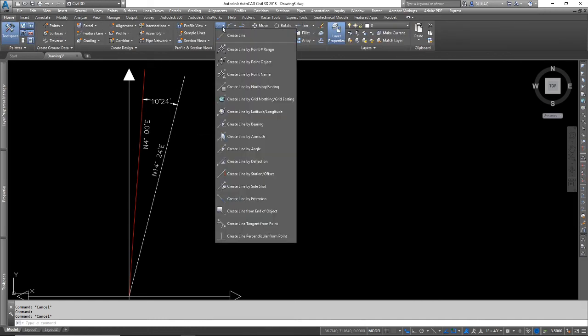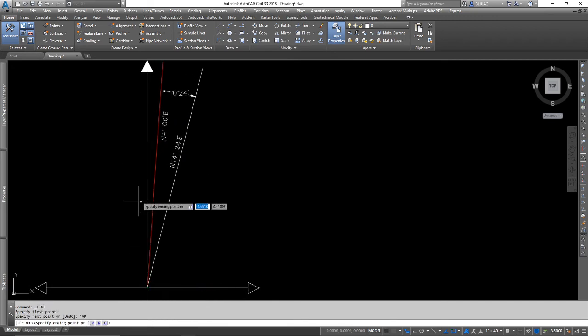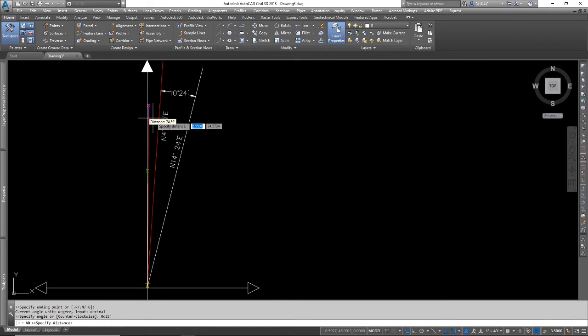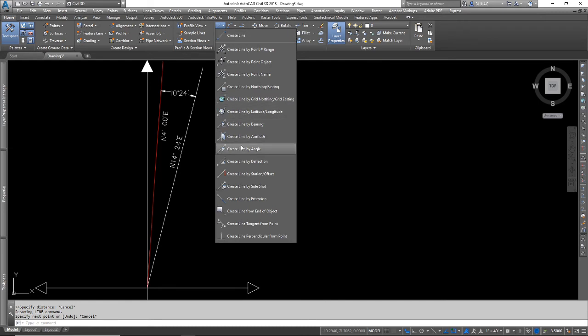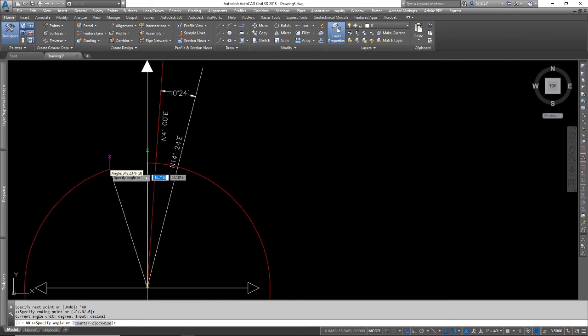Let me draw a line by angle. The angle that I want is 0 degrees 25 minutes. Oh, I forgot I need to do a negative, so let me go back in here, line by angle, and then I need negative 0 degrees 25 minutes.